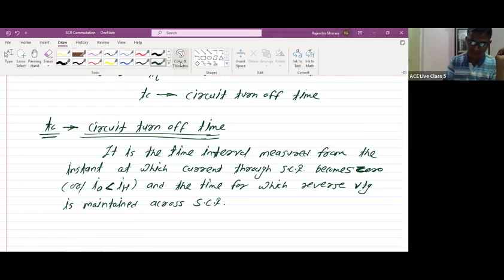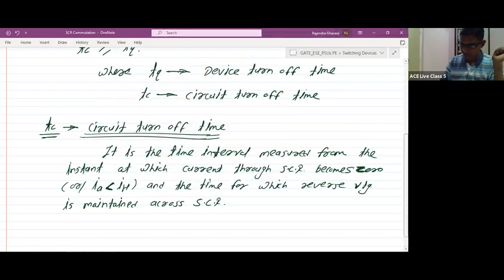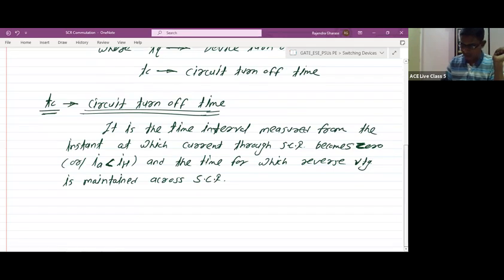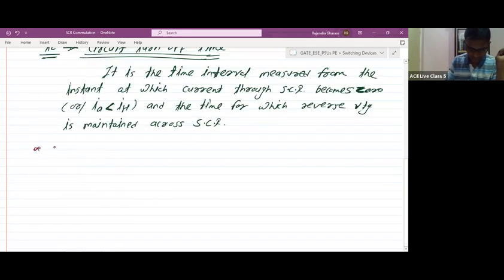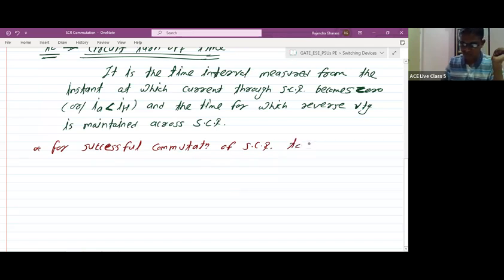For successful commutation of SCR, TC should always be greater than or equal to TQ.